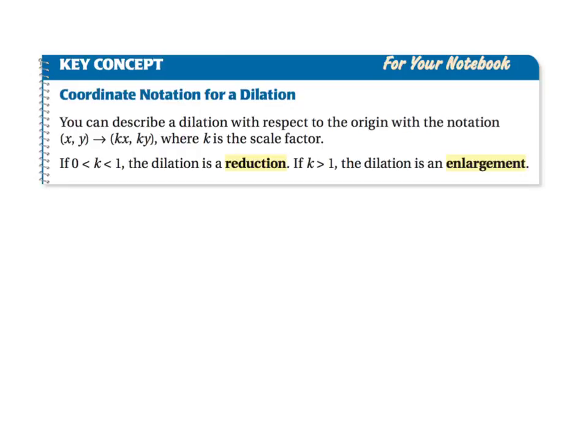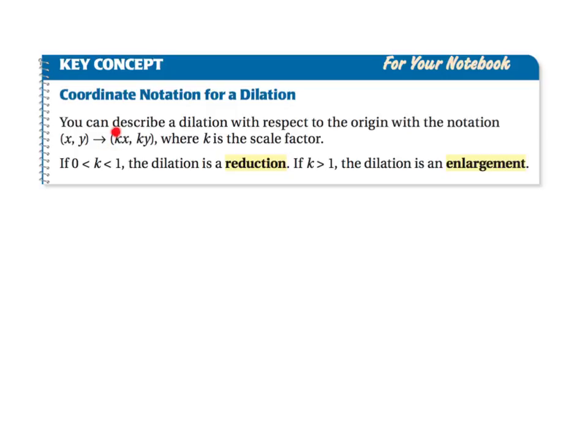So here's a key concept that would be nice to have in your notes: the coordinate notation for a dilation. And we saw this in our homework a couple sections ago. You can describe a dilation with respect to the origin with the notation (x, y) becomes (kx, ky), where k is the scale factor.